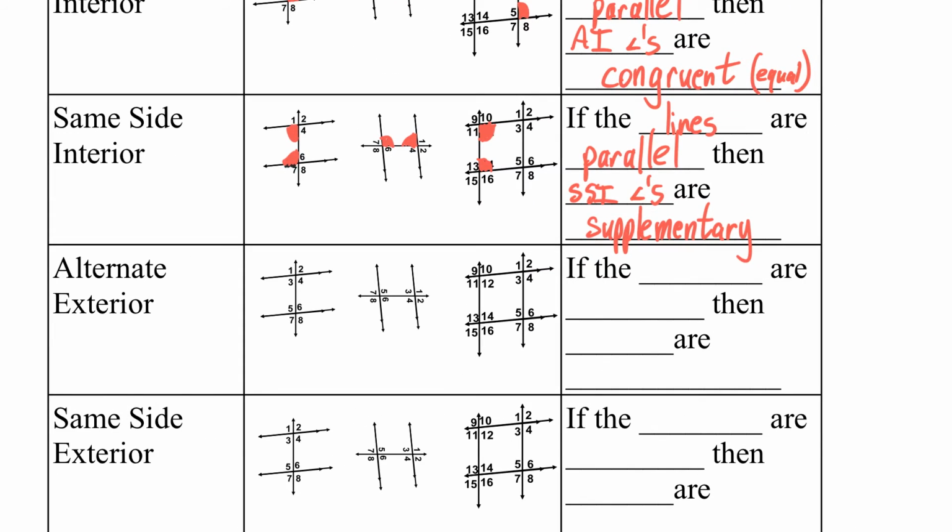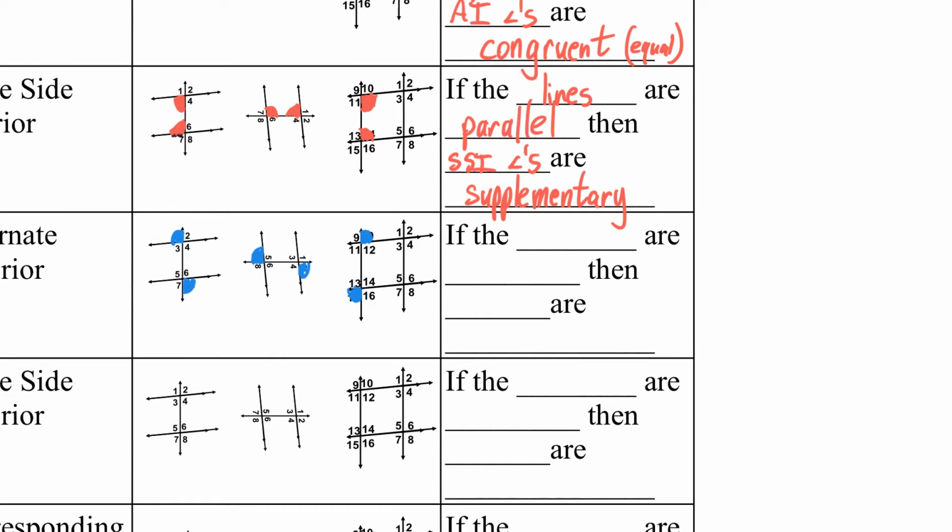Okay, alternate exterior. So that would be like this angle and this angle. Be like this angle, this angle. Be like this angle, this angle. Okay. If the lines are parallel, then alternate exterior angles, so again on that paper where we just measured and the lines are parallel, what did we see about alternate exterior?